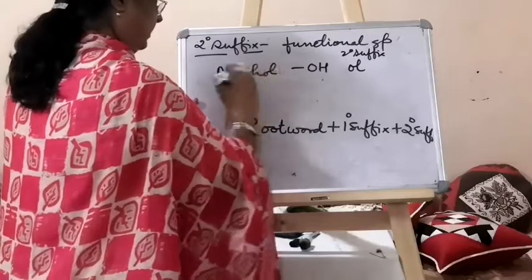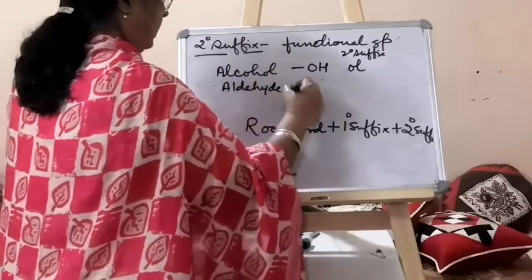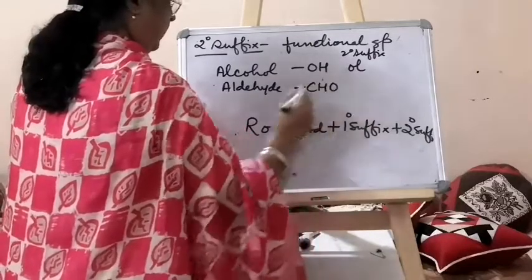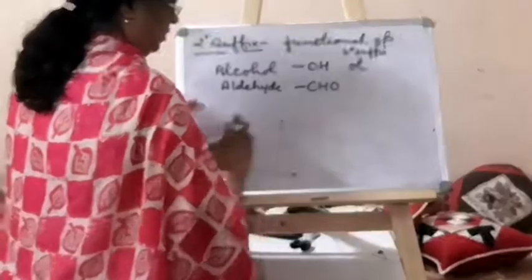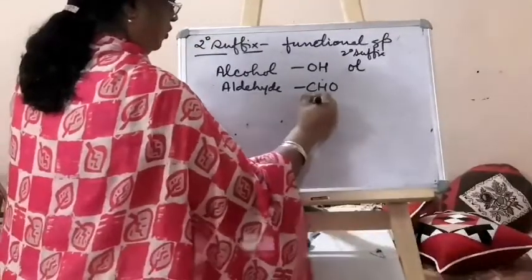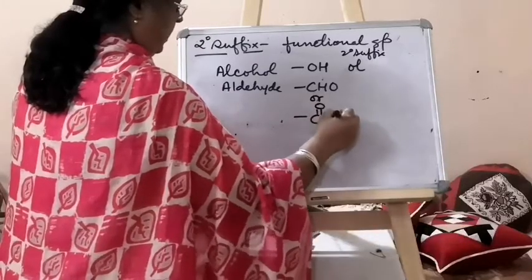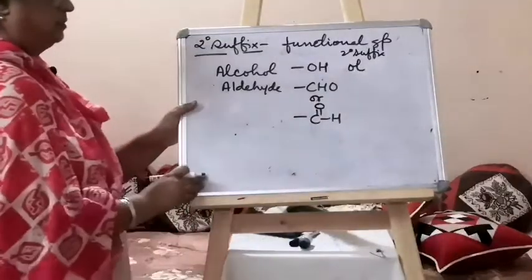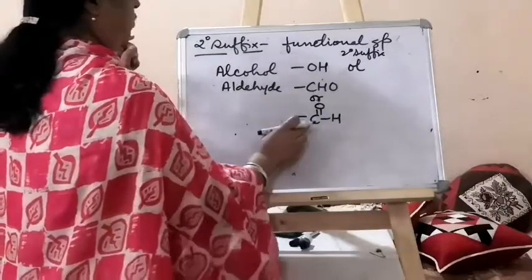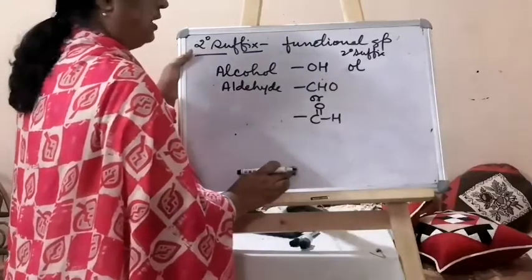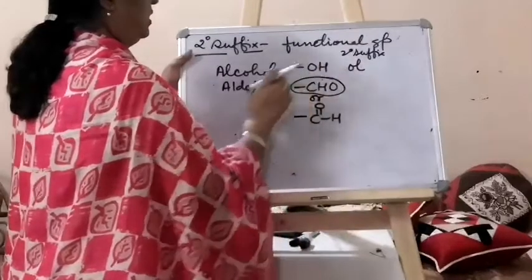So you have done this in class 10, that reference I am giving to you. Aldehyde. Aldehyde is CHO. But now students, you should know that this is your condensed formula. You should know to write its structural formula. This will be very helpful for doing the reactions. The mechanism is there in this chapter later on. And if you know the structural formula, you can see the double bond. If you see the condensed formula, you have no idea that this has a double bond.